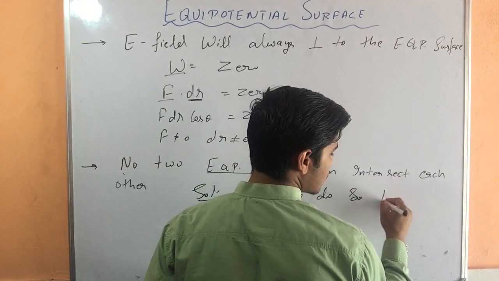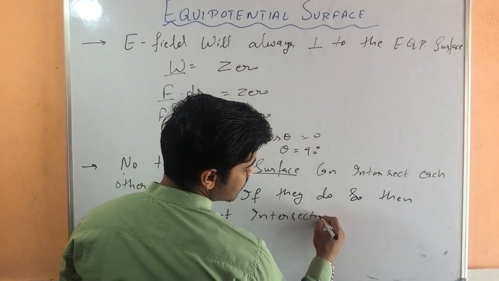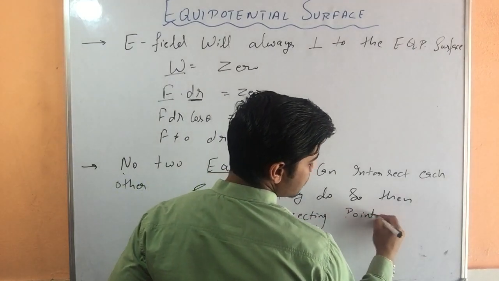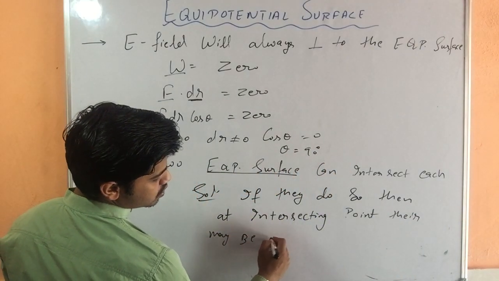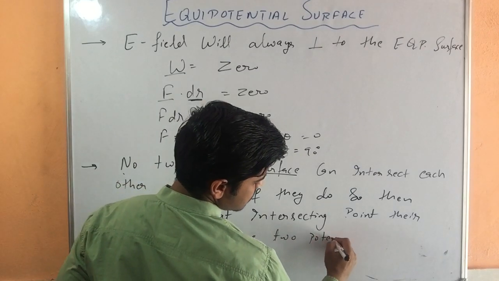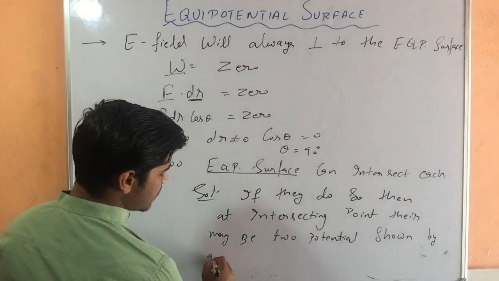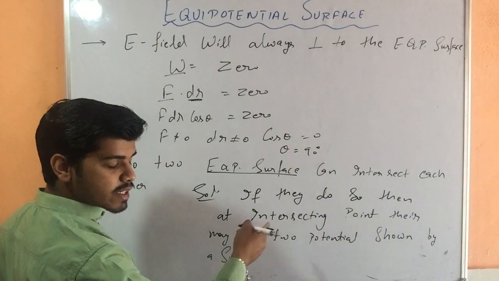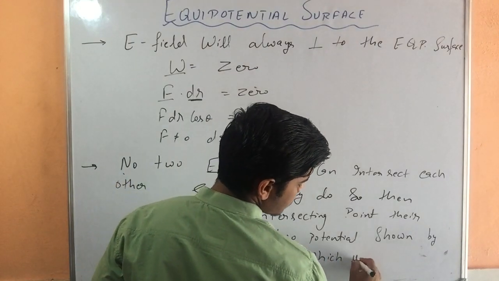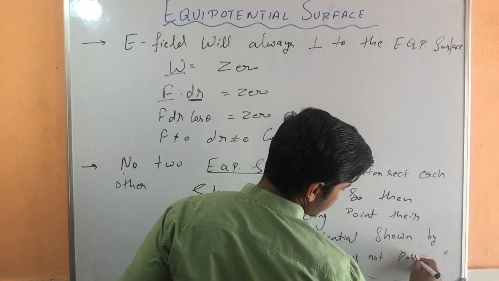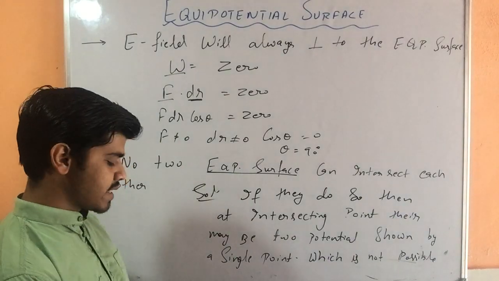If they do so, then at the intersecting point there may be two potentials shown by a single point, that is the intersecting point, which is not possible. That's why equipotential surfaces cannot intersect each other.